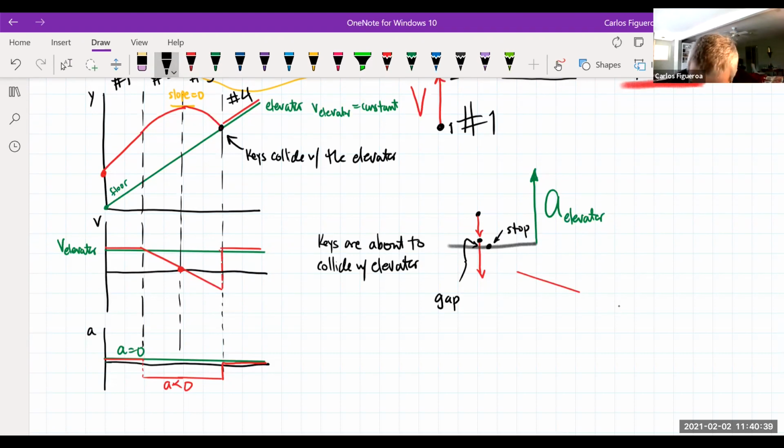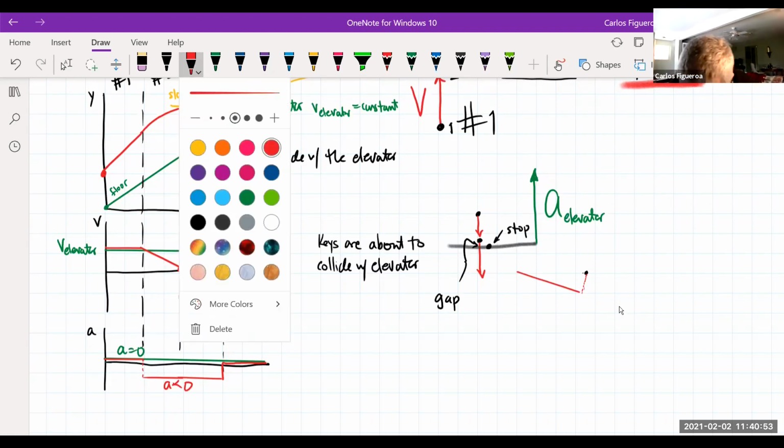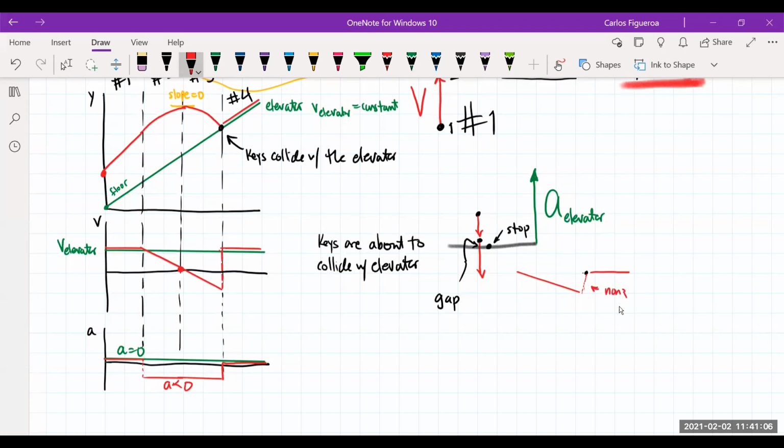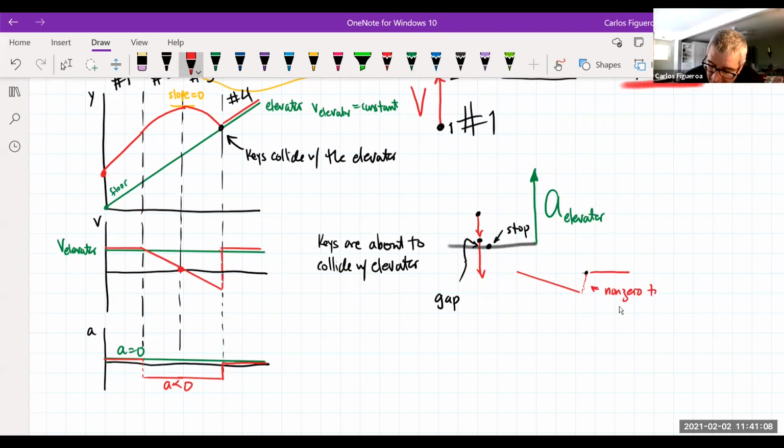And that little gap essentially says that there's a little bit of spacing so that it actually goes up like this at an angle. But you can't really tell because it's so tiny. And then this thing is just moving at a constant speed. So it's just a really, really tiny thing. So that this is a non-zero time interval.